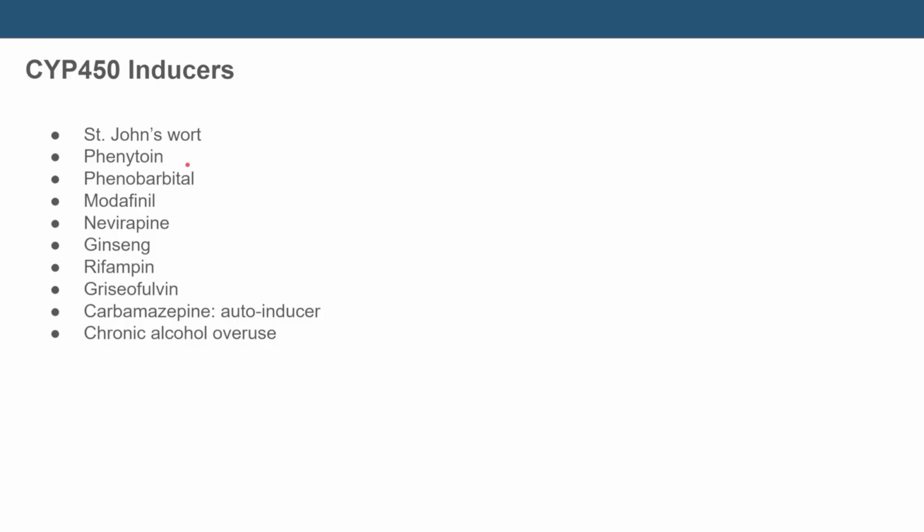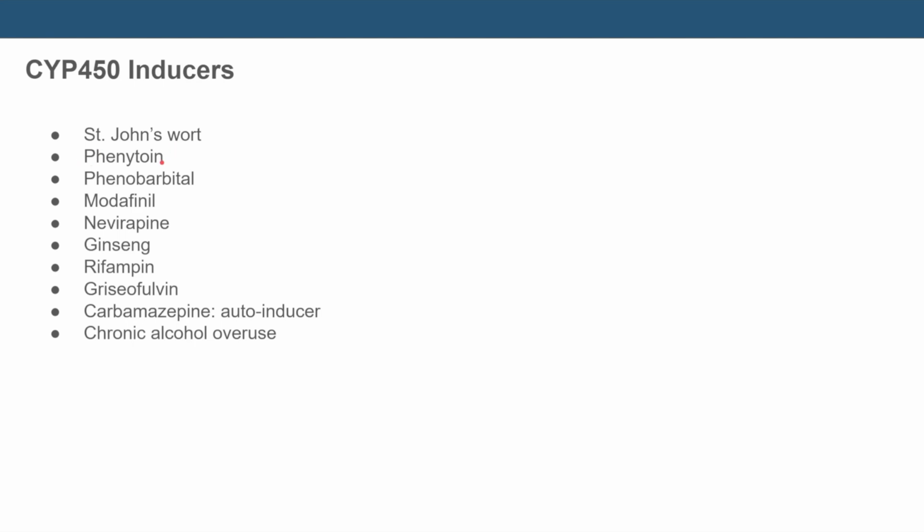Because St. John works out, it makes the liver strong and hyperactive, so it's going to burn through medications. That means the liver is going to be massive and big, cytochrome P450 levels are going to be a lot, and that means the drug levels will go down for other drugs such as warfarin and oral contraceptive pills.